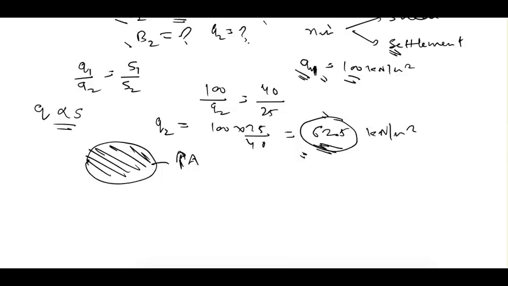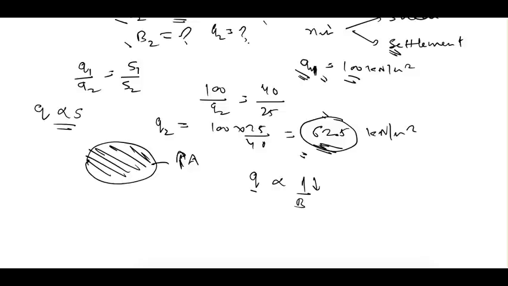So now we can again apply this formula. Q1 upon Q2, if the allowable pressure on the soil is more, then the width can be less.